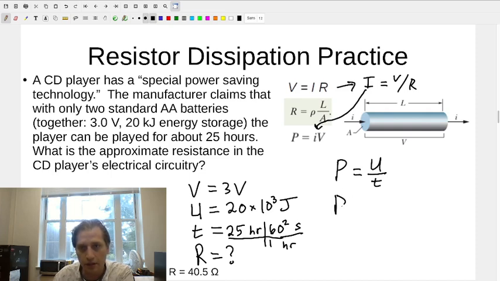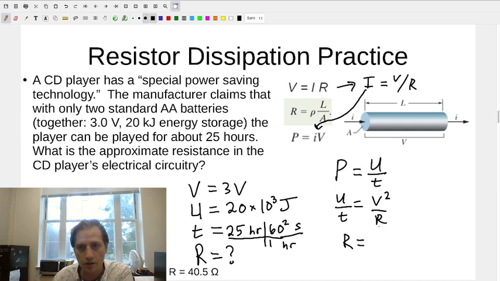So my P equals V squared over R, but my P is my U over T. So let's just write that. U over T equals V squared divided by R. And then if you want to find your R, you can solve for it.